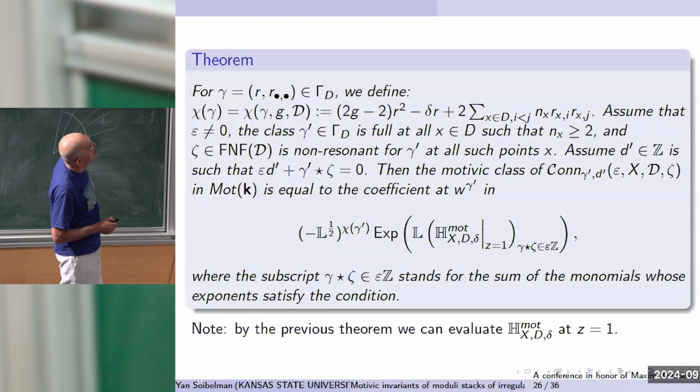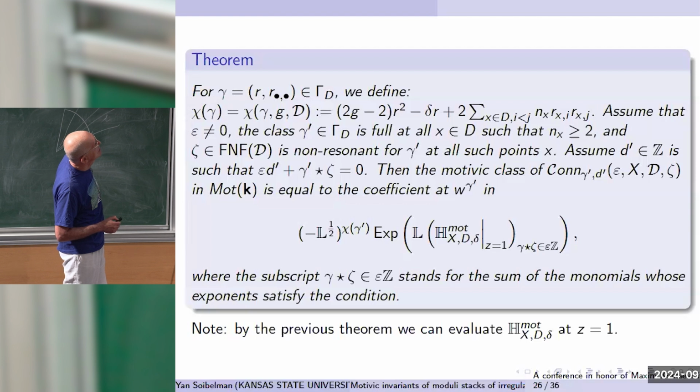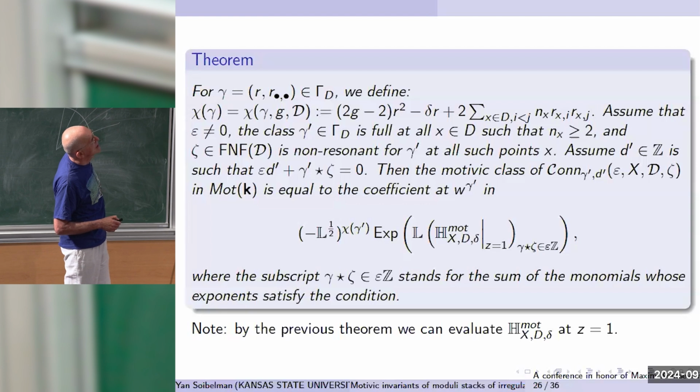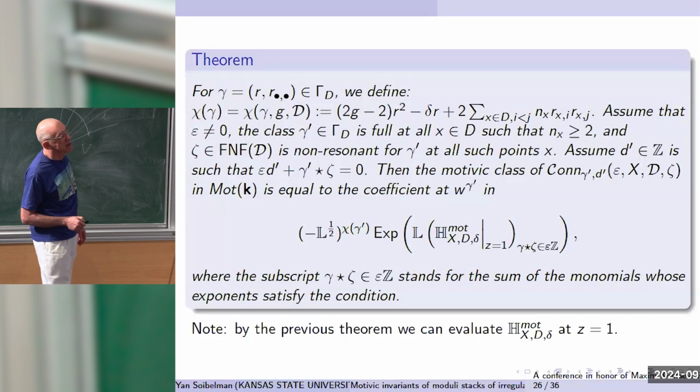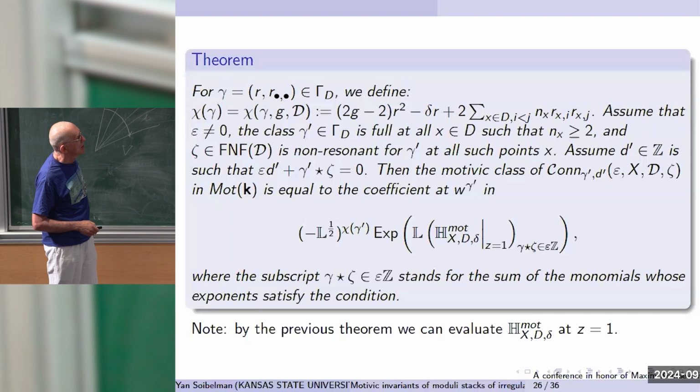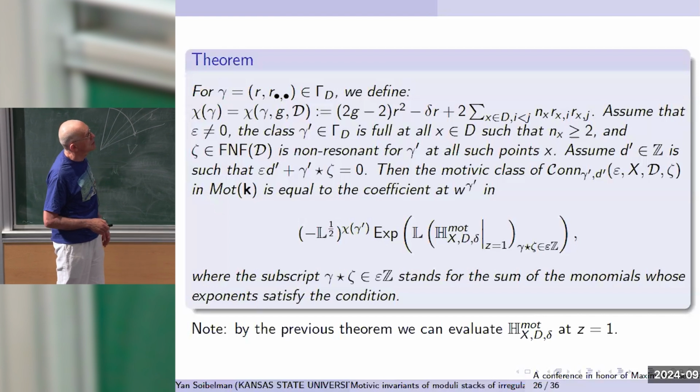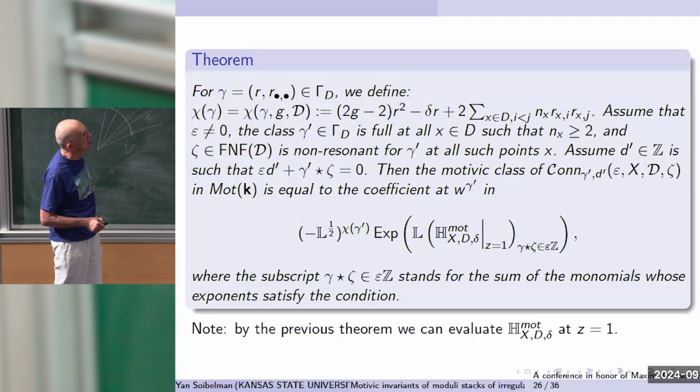So we introduce a certain quadratic expression which depends on the irregularity index. And then the Motivic class of the stack of epsilon-connections with all these data fixed, if you'd like, parabolic rank and degree, can be computed explicitly in terms of this irregular version of the Hausel generating function.